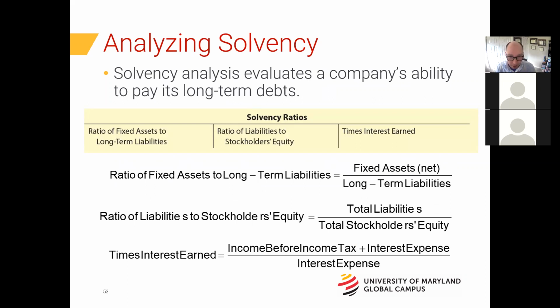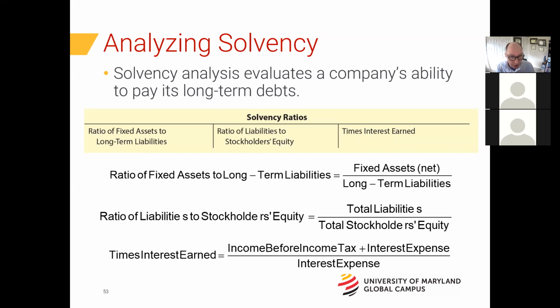There are three primary ratios that we look at when calculating solvency and determining the ability of a company to be solvent. First is fixed assets to long-term liabilities. The second is liabilities to stockholders' equity. And the third is times interest earned.